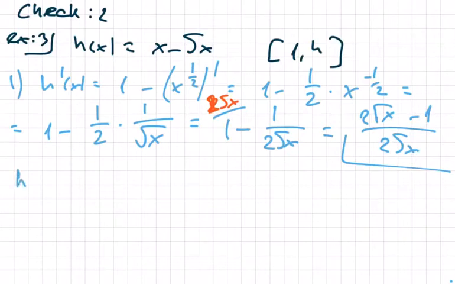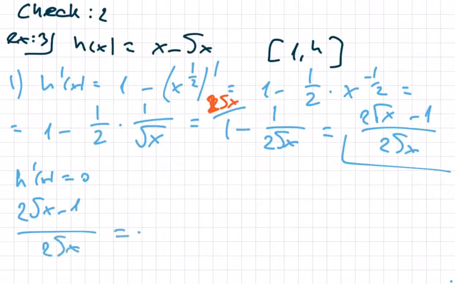The next step is to equalize with 0. We have here 2 root x subtract 1 over 2 root x equal to 0. Since this is a rational function, from the 8th grade we can understand that we can write the numerator and the denominator and equalize with 0.